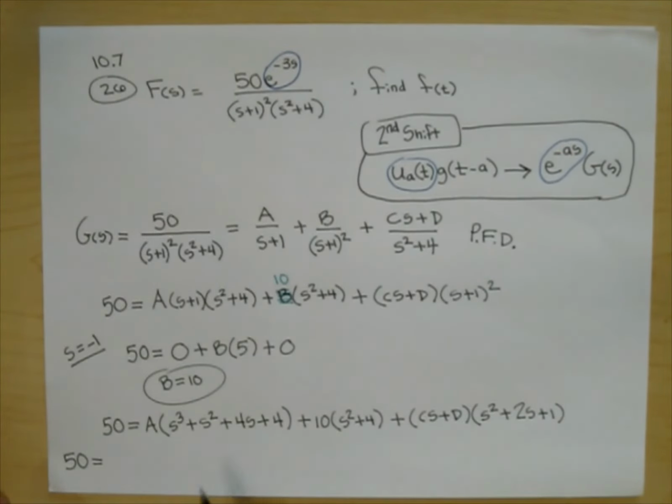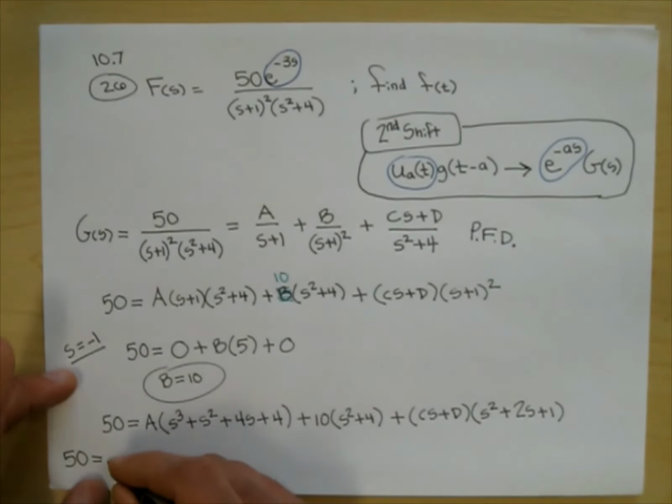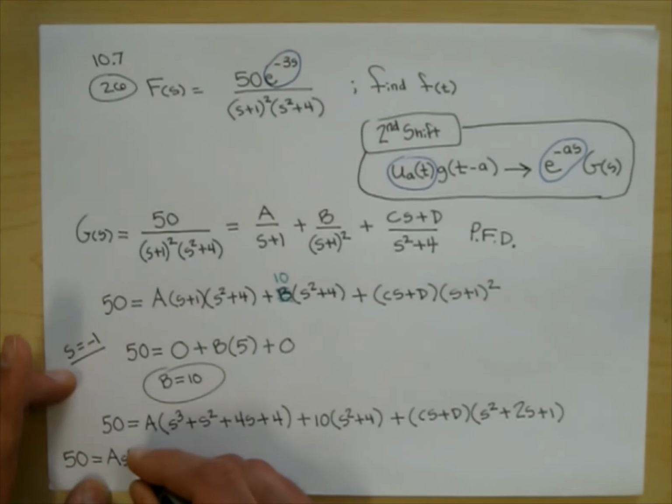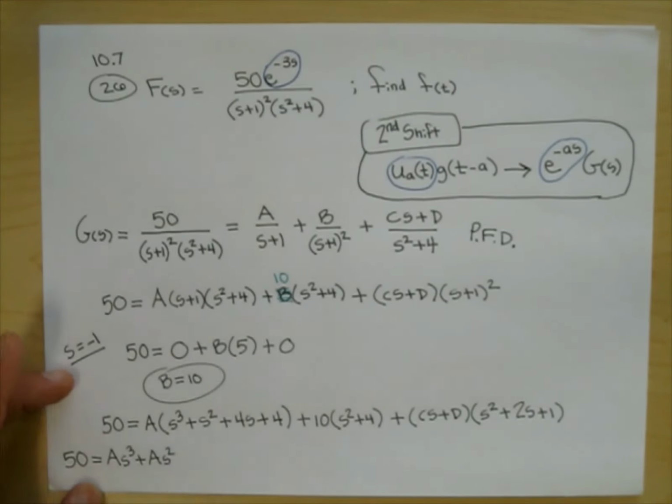I'm going to distribute the a in there. So this is as cubed, and then this is plus as squared. So yes, that's a bad word right there.